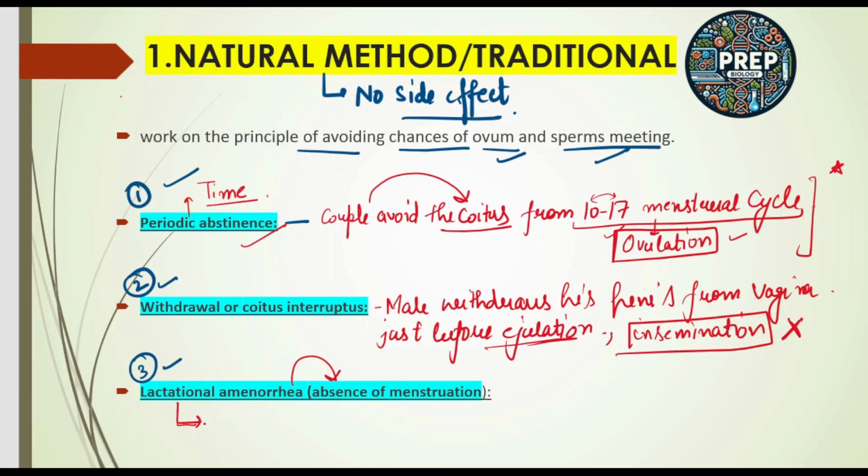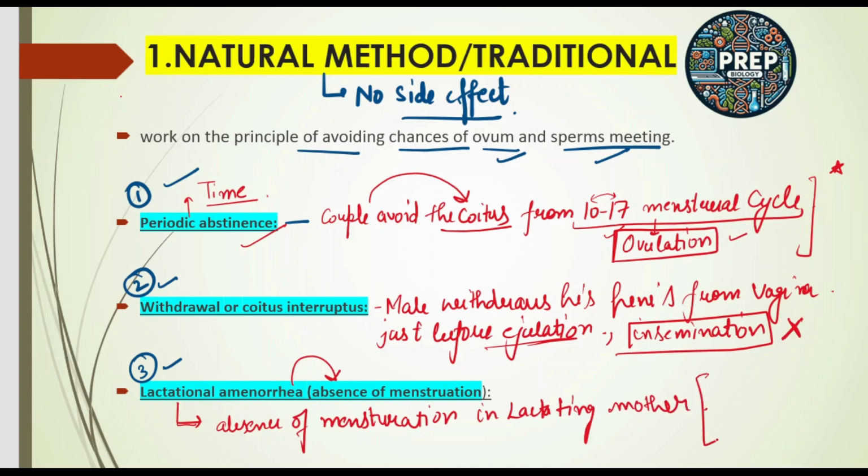So there is absence of menstruation in the lactating mother, and it is most effective up to 6 months following parturition.